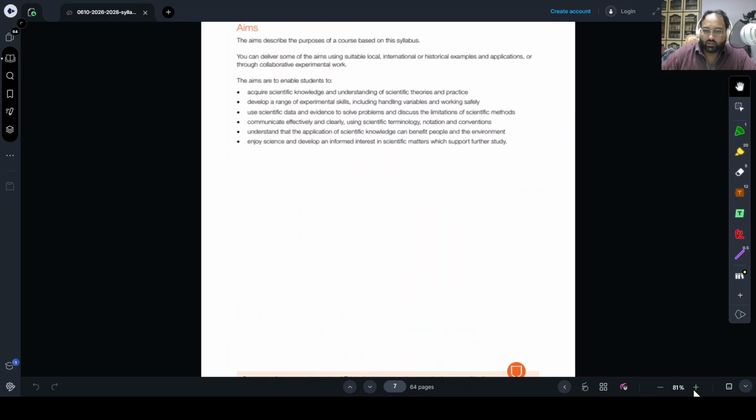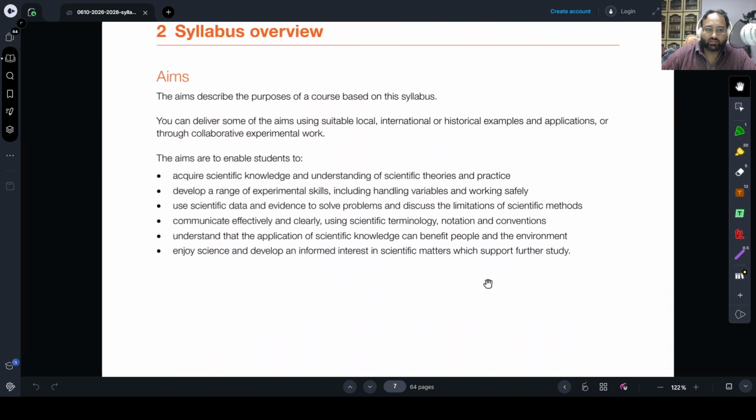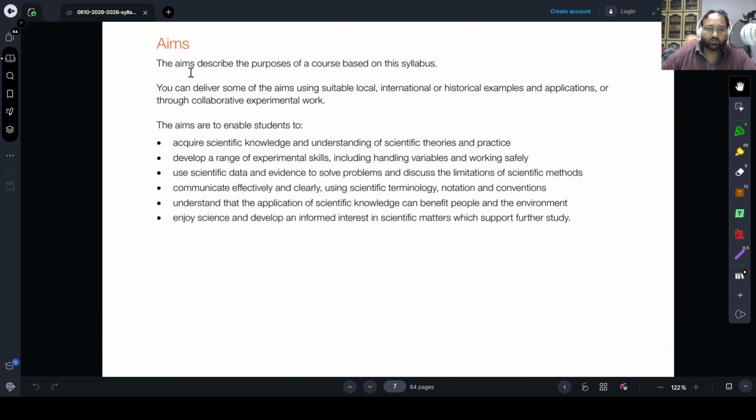Just like all the other science syllabi, the syllabus aims to enable the students to acquire scientific knowledge and understanding of scientific theories and practice, develop a range of experimental skills, including handling variables and working safely, use scientific data and evidence to solve problems and discuss the limitations of scientific methods, communicate effectively and clearly using scientific terminology, notation, and convention, which basically means when you're giving a science paper, you talk in science.